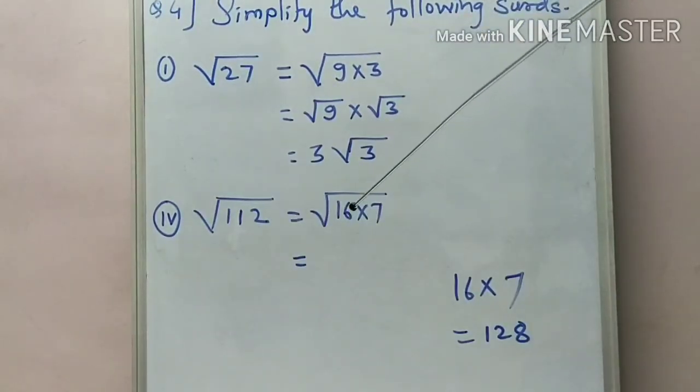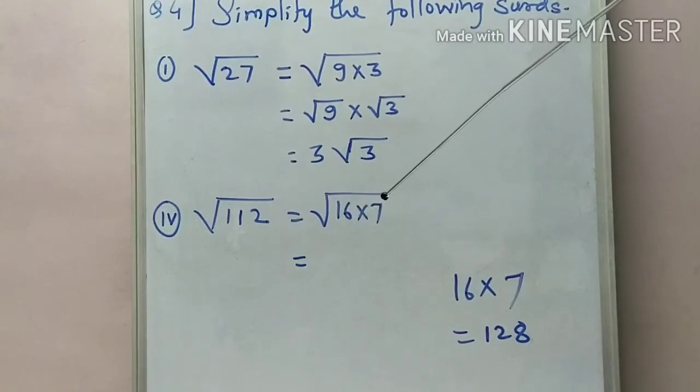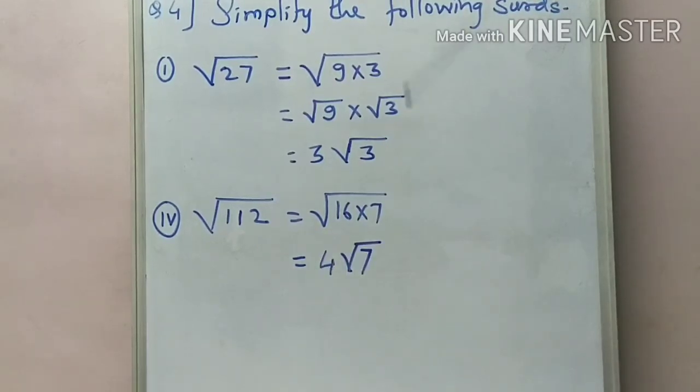Okay students, you have to take the factors like this, so that the maximum number you get is a perfect square number. So here 16 into 7, these are the correct factors, and we take the square root of 16 outside, so the simplification is 4 root 7.